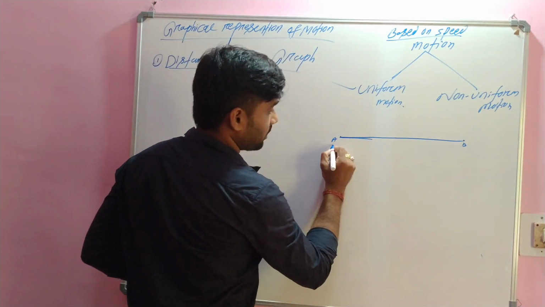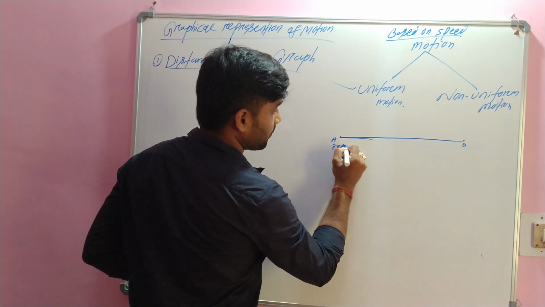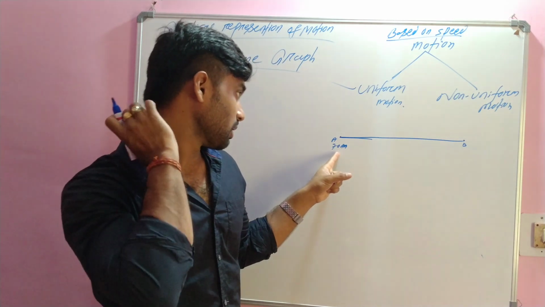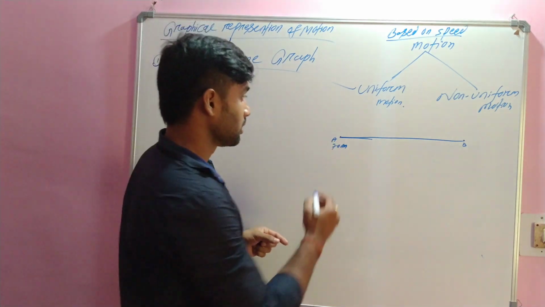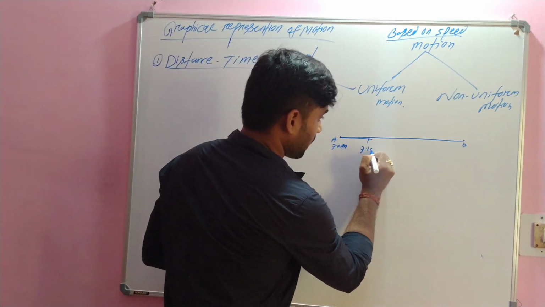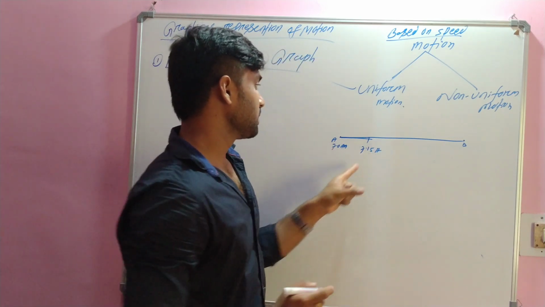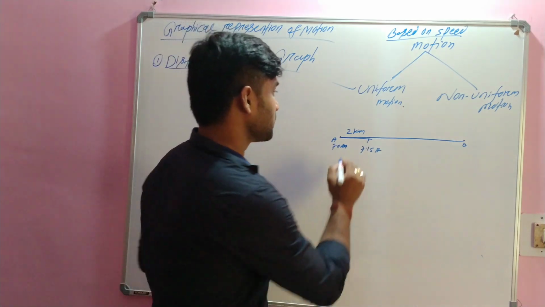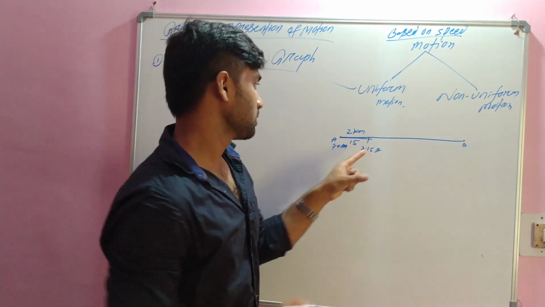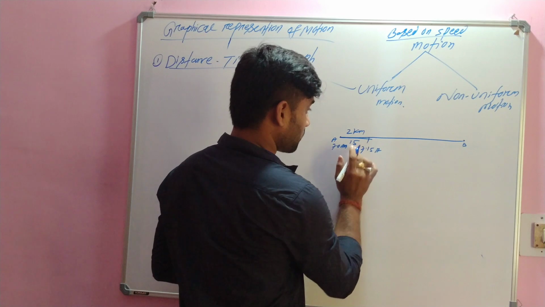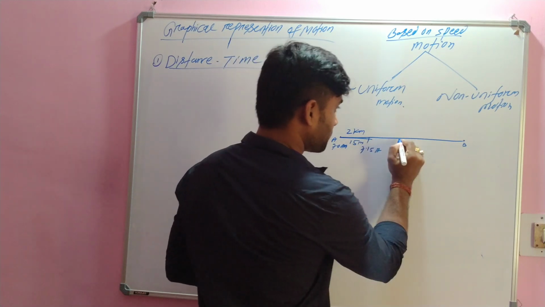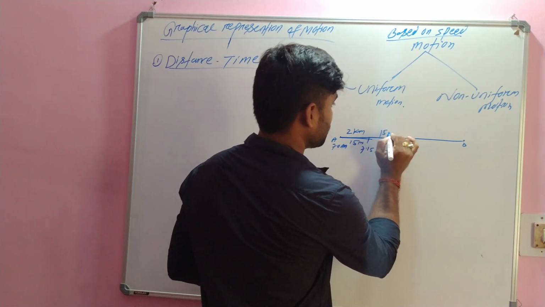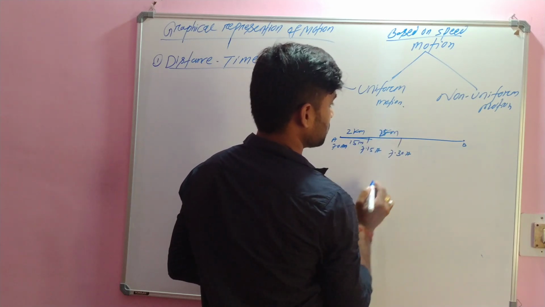Suppose it started at 7 a.m. The object moves from point A. At 7:15 a.m., in 15 minutes, the object covered 2 kilometers. In the next 15 minutes, at 7:30 a.m., the object also covered 2 kilometers.